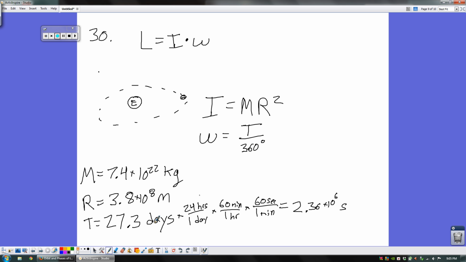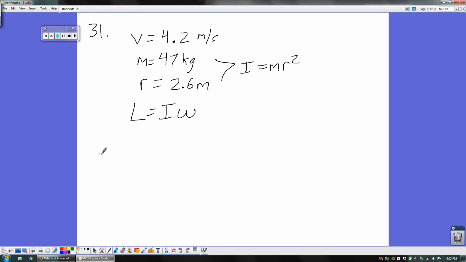So v is going to be 2 pi r over t, where t is omega theta, and I want to solve for omega, which gives me v times theta divided by 2 pi r.